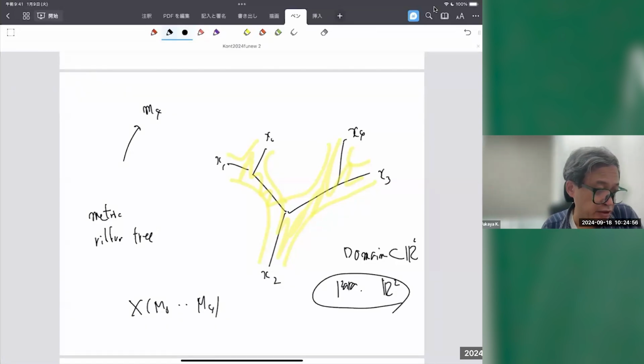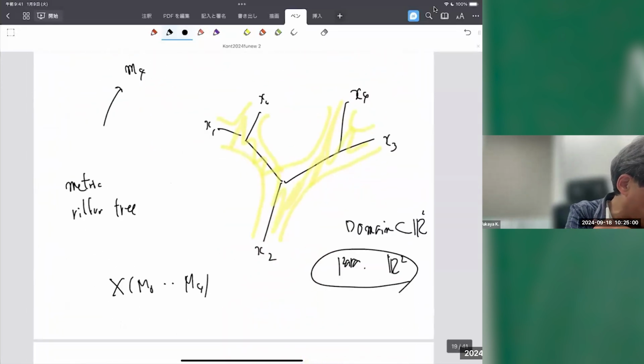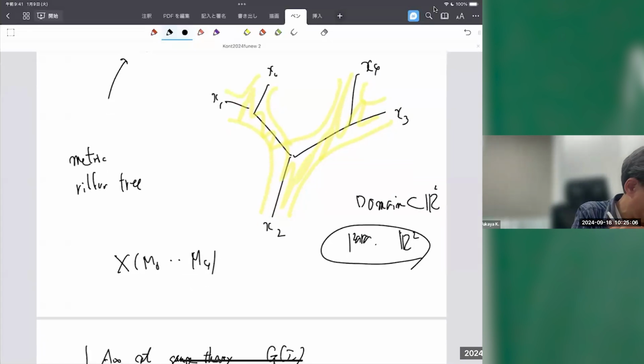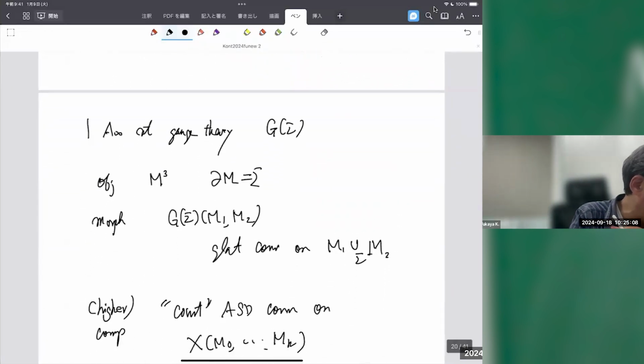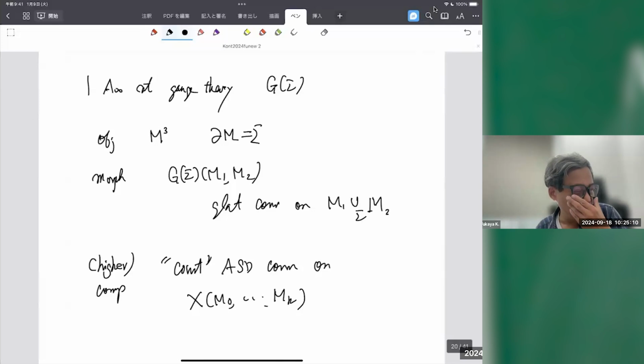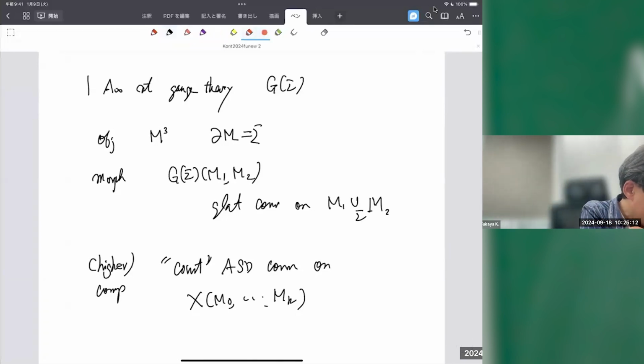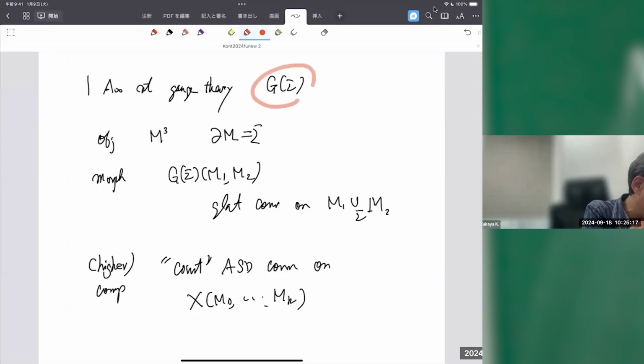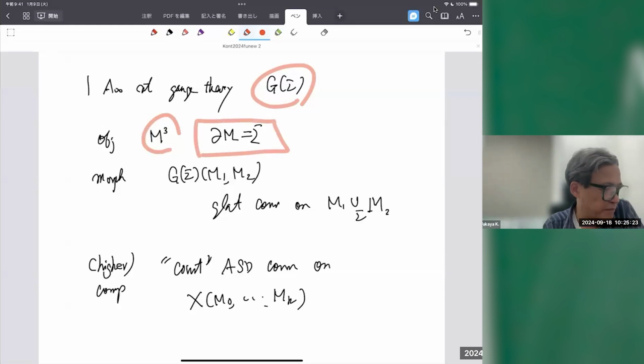It is a kind of standard, very similar to the proof of infinity relations in Lagrangian Floer theory, that this actually satisfies the infinity relations. So this is a gauge theory category. Let me summarize. We have this infinity category whose objects are 3-manifolds together with SO(3) bundles, which bound sigma.